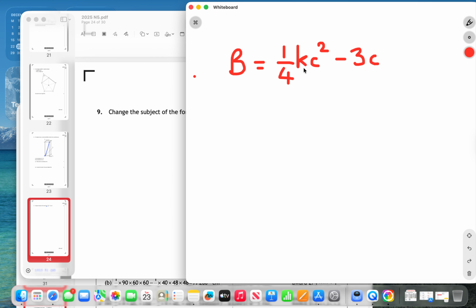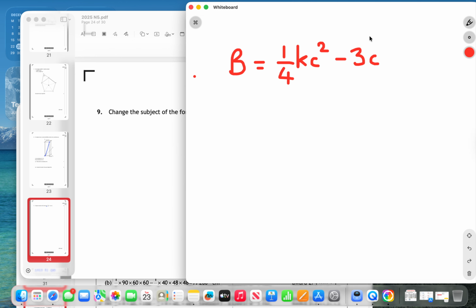And to get K on its own, we want to get rid of all of the other terms and get them onto the same side as the B. So getting K as the subject simply means get K on one side on its own.